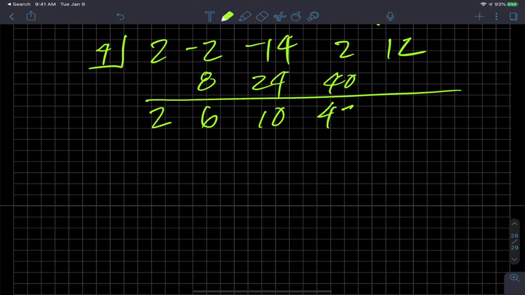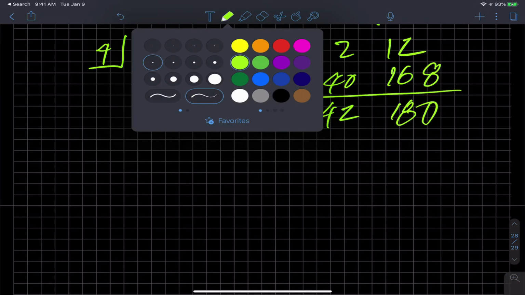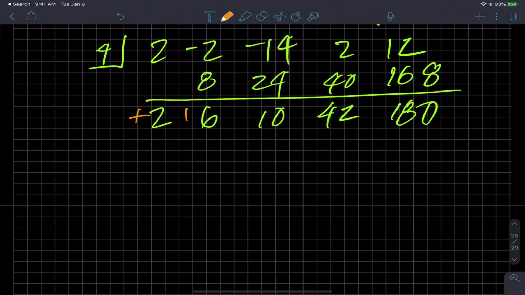Add the 2, get 42. 4 times 42 is 168. And so what do I get? 180. And so notice that all of the coefficients are positive, including the remainder, which is 180. So since they're all positive, then 4 is an upper bound.